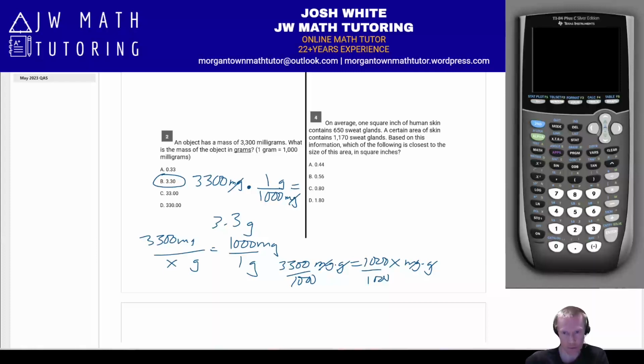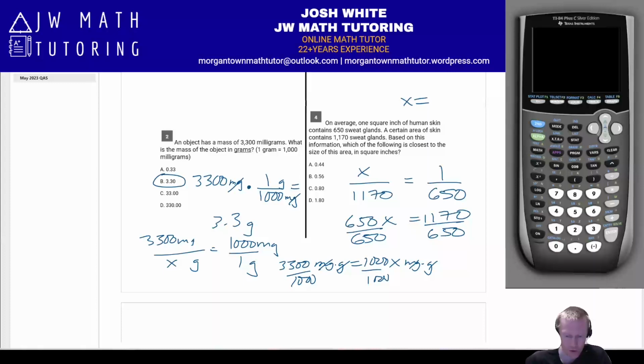So if you just set up a proportion, put the area on top and the number of sweat glands on the bottom, 1170. And then over here, we'll put the conversion factor that we're given, which is 1 square inch on top and 650 sweat glands on the bottom. So now you just cross multiply this. You get 650x equals 1170. You divide both sides by 650.